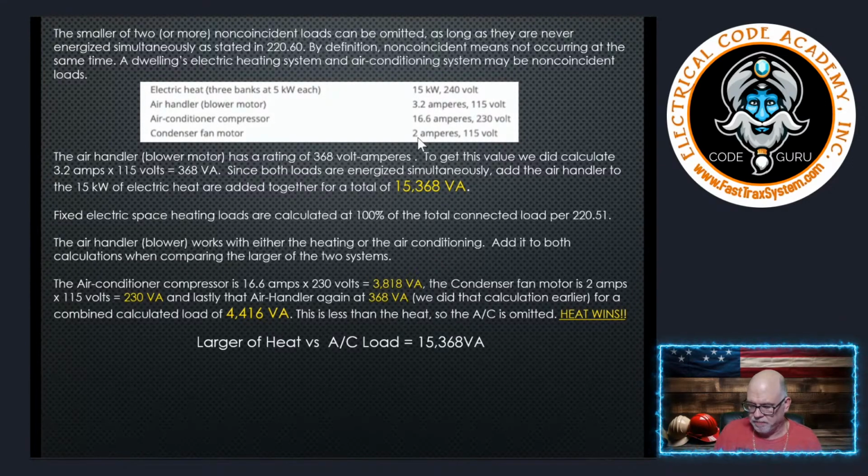So all I'm going to do is take that 230 VA that was for the condensing fan, and take that 368, which is for the air handler, and that is going to be 598. That is my neutral contribution for all of the heating and air conditioning applications. Again, just the neutral. Because y'all know that the air conditioning compressor does not use a neutral, neither does the electric heat. Okay? So I'm going to write that down as my neutral contribution, and that is 598 VA. Okay?